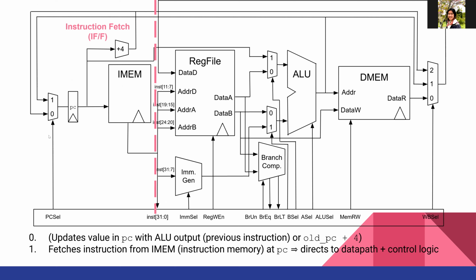If PC select is 0, then the PC +4 value is going to be written into this register. If it's 1, then it's going to be PC plus whatever offset that we have, and that's going to be written to the register. But it can only be one of the 2 values. And we can see later there's another mux over here, and it has 3 possible value outputs. So we'll talk about how that's done later.